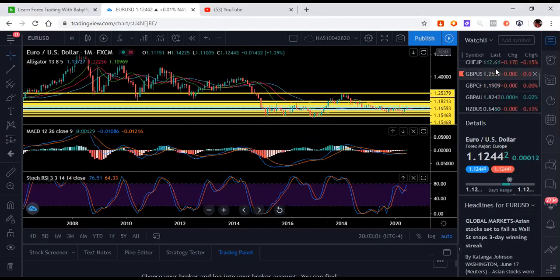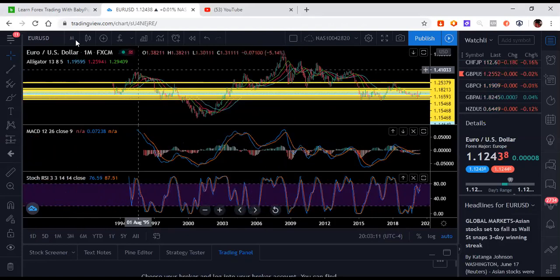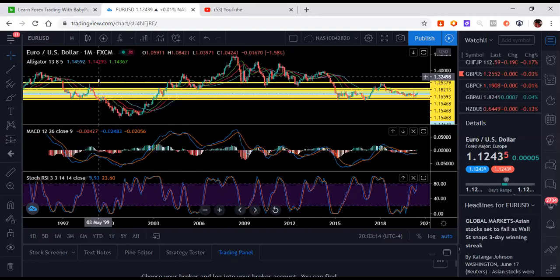Go to TradingView. You should have your TradingView pulled up already. I'm on the monthly time frame, just checking out the market to see what it's doing.